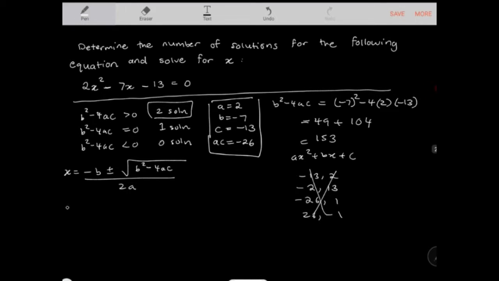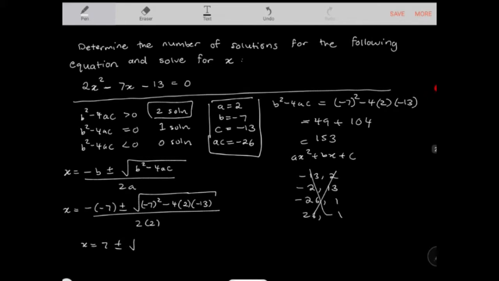Okay, so in this case, if I plug in the values, x is equal to -b, which is 7, plus or minus the square root of b squared, which is -7 squared, minus 4 times a, which is 2, times c, which is -13, over 2a, which is 2 times 2. And x here is equal to 7 plus or minus the square root of -7 squared, which is 49, right?